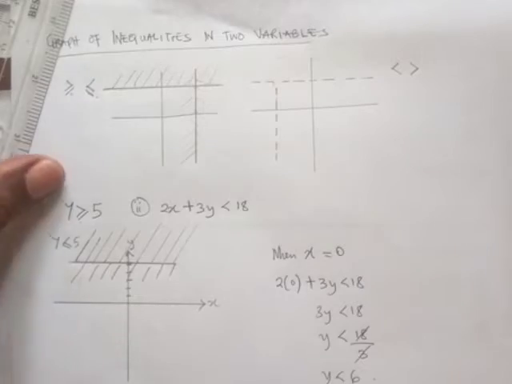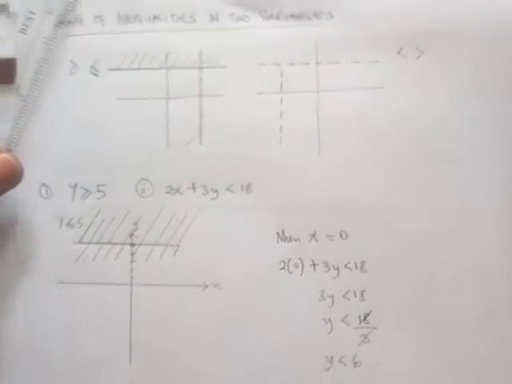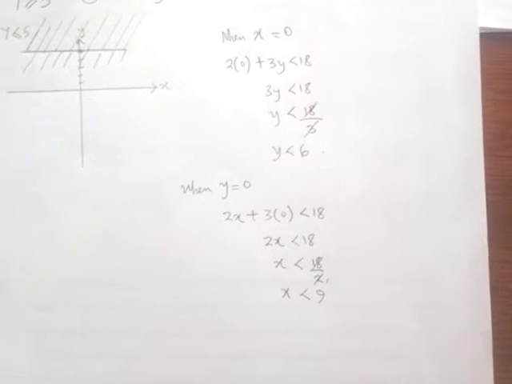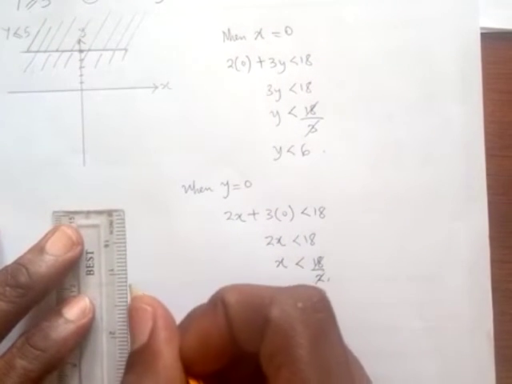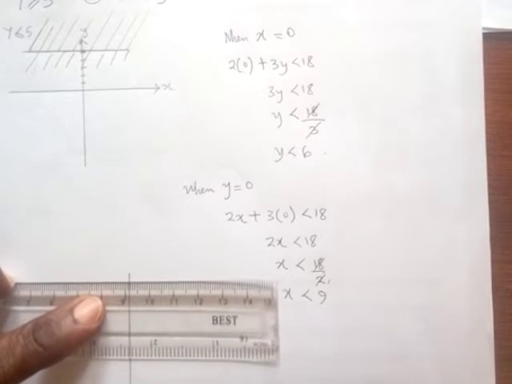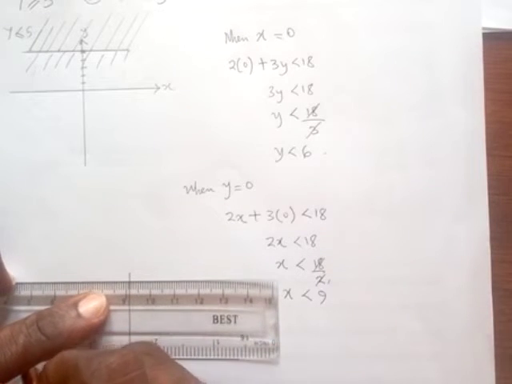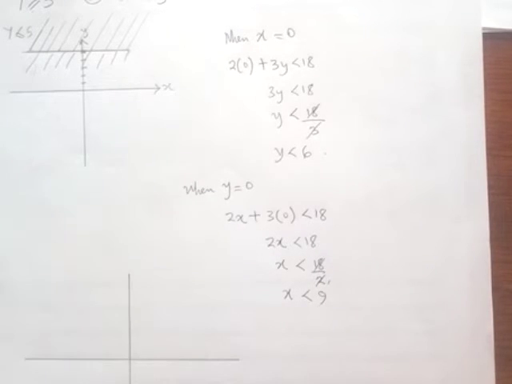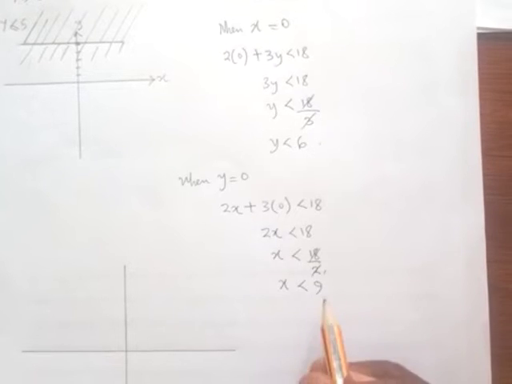So in plotting this graph, take your x and y axis, and for your y axis you have 6, and then for your x axis you have 9.